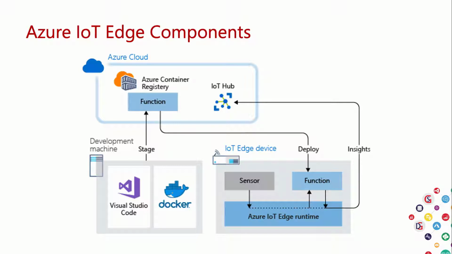Modules are containers. If I have containers, I will need a container registry in the cloud to provide these images safely, so I have to secure that. Of course, I can use other container registries, but in this case we are presenting the Azure Container Registry.